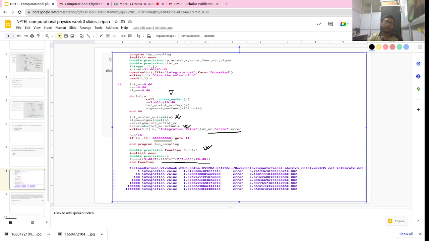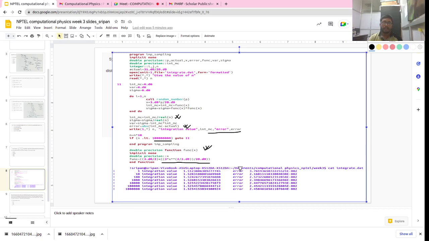So for a particular n, all this calculation has been done, and then I am increasing n to be 10 times the previous n, and I am running this code until n is less than this particular number. Also I am defining the function here.